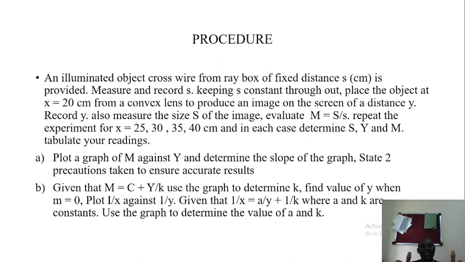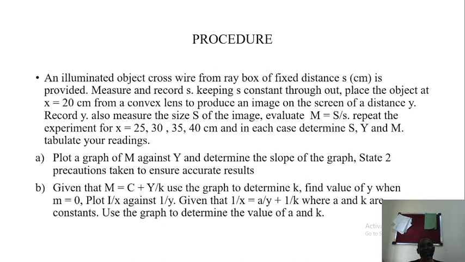So that is the interval between the ray box and the lens holder. When that is done and kept in place, you vary your screen to where you are going to have a sharp image, that circular image of the object on the screen.